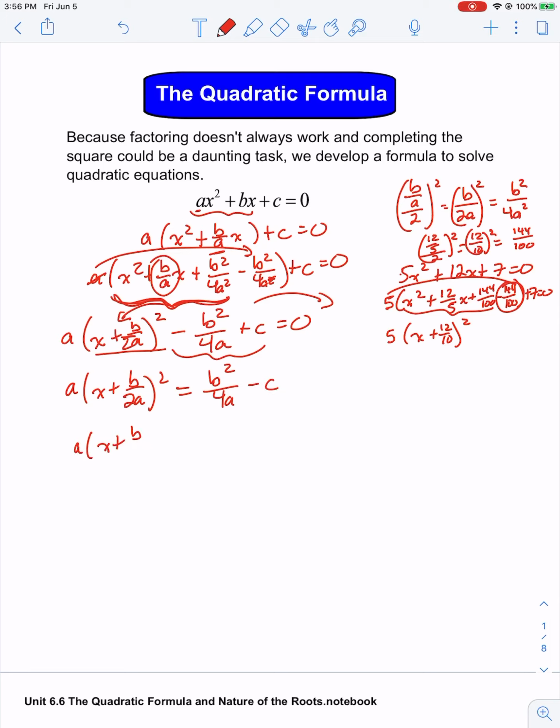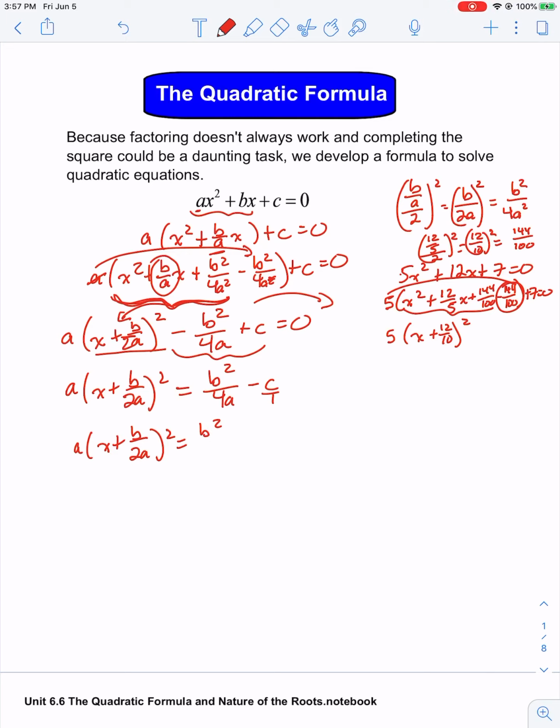And then we need to find a common denominator. The c has a denominator of 1 right now. This has a denominator of 4a, so the common denominator is going to be 4a.